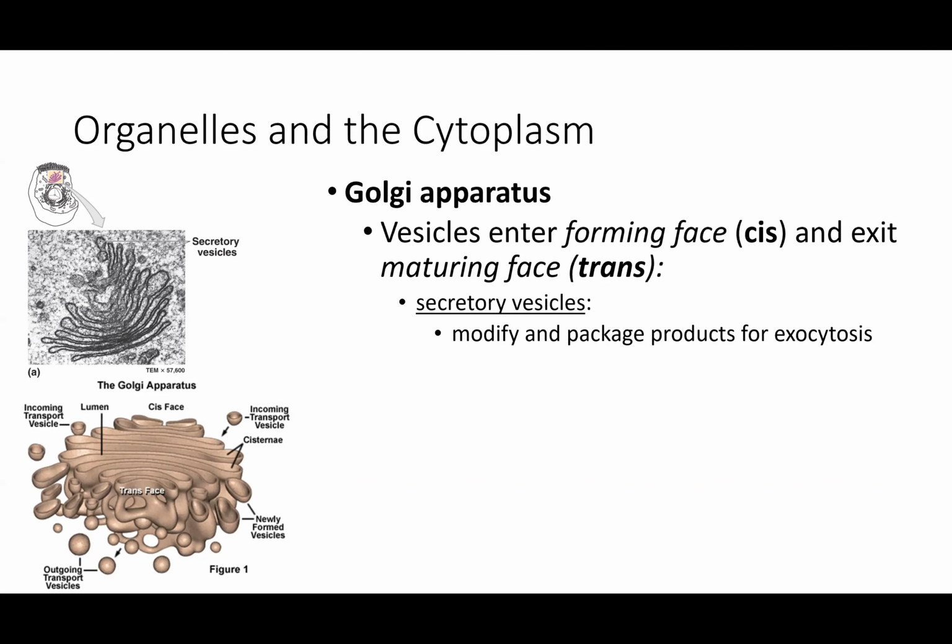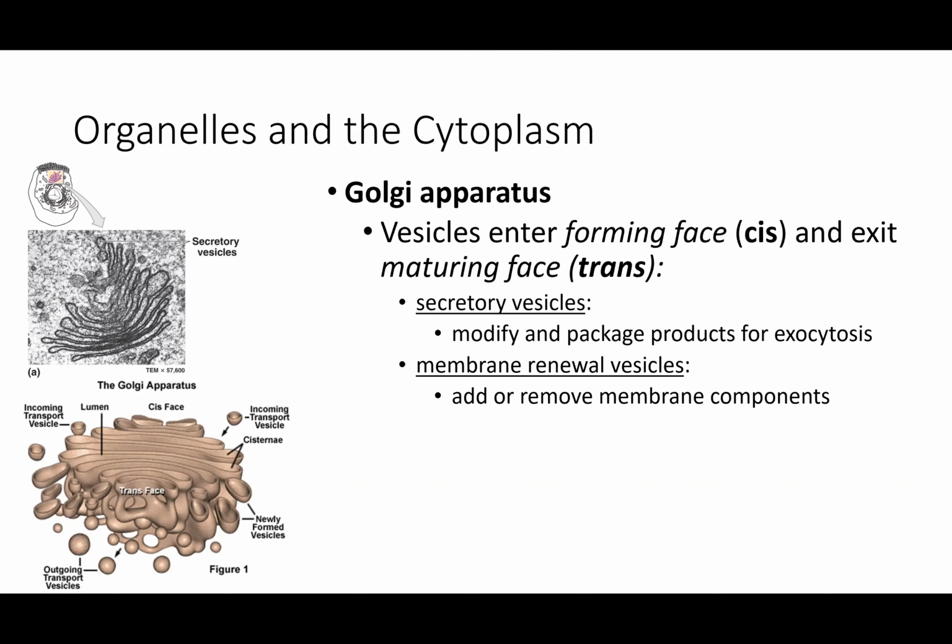Secretory vesicles modify and package products for exocytosis. You have membrane renewal vesicles, which basically add or remove components of the plasma membrane. You have lysosomes, which carry enzymes to the cytosol, which is the fluid inside the cell.